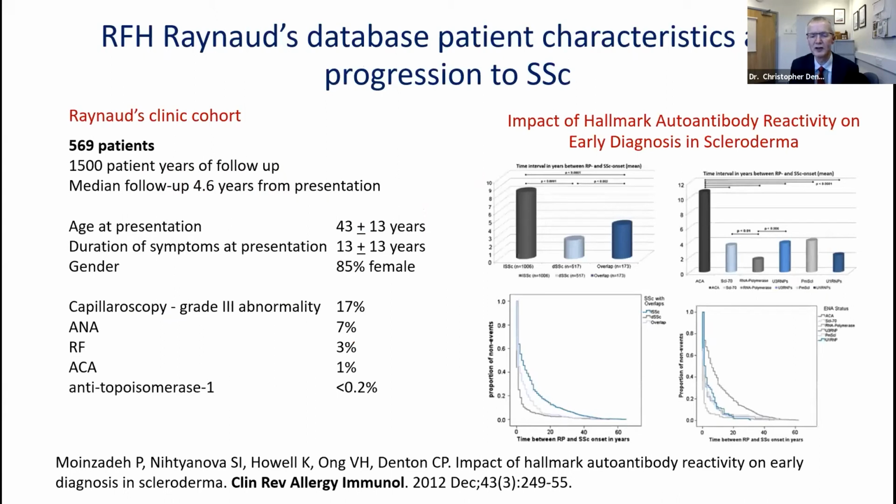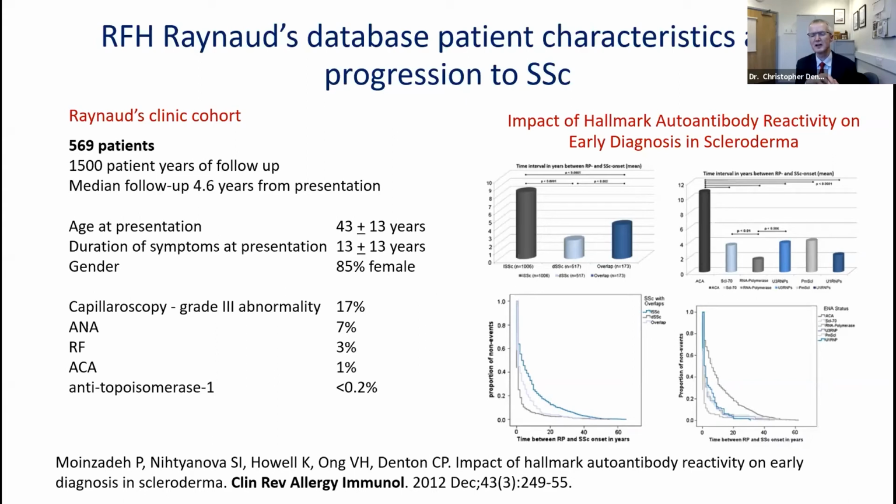The other thing that was interesting when we looked at this was that those patients that do progress to systemic sclerosis are probably more likely to progress to mild systemic sclerosis and to limited cutaneous disease, as you can see here. So it's those patients who have anti-centromere antibodies or anti-RNP antibodies that are more likely to progress to the disease.